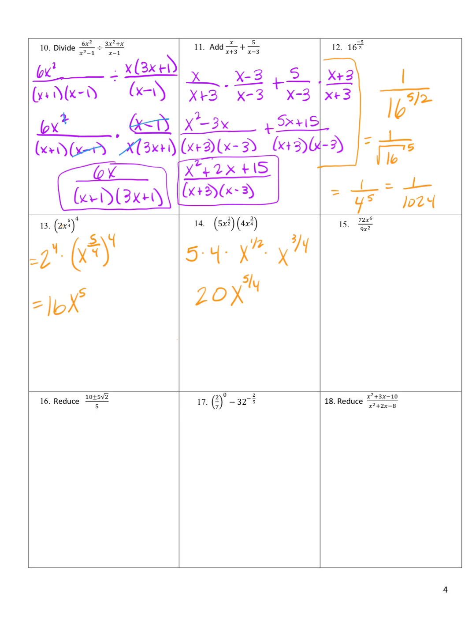Okay, 72x to the 6th over 9x squared. So 72 divided by 9, that is an integer. That comes out to 8. So I get 8. And then x to the 6th means x times x times x times x times x times x.